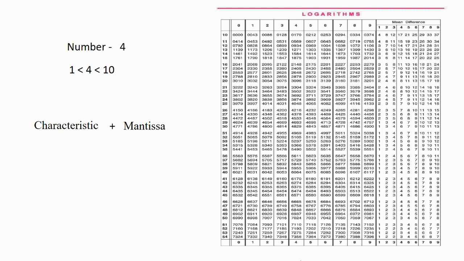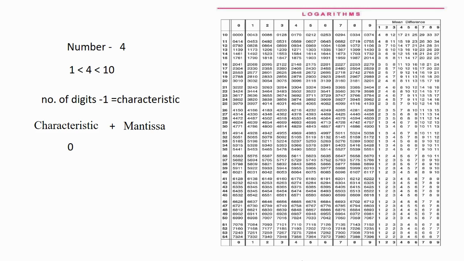To find the characteristic of a given number, the formula used is the number of digits minus 1. As the given number is a one-digit number, subtracting 1 gives us the characteristic 0. So the characteristic value is not found by using the logarithm table.